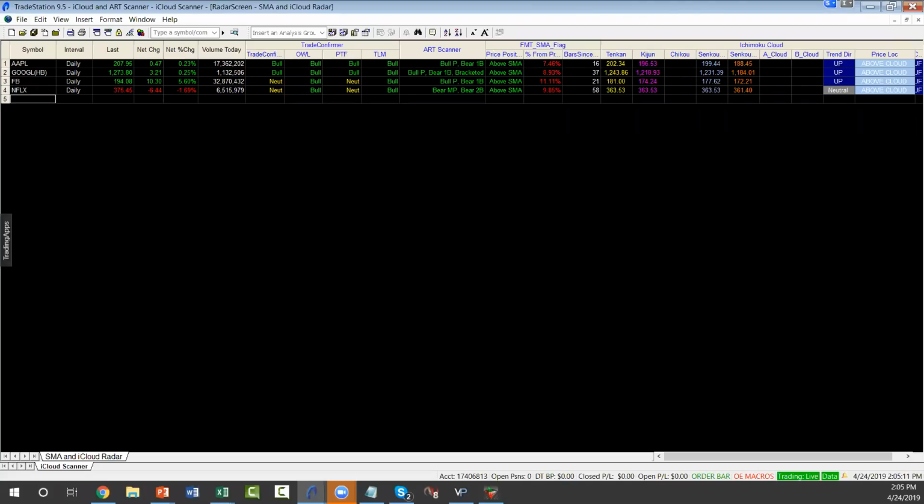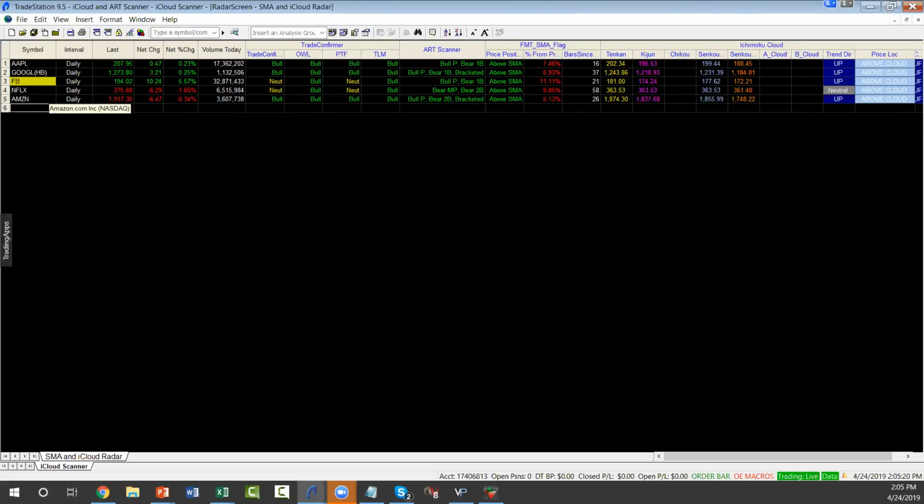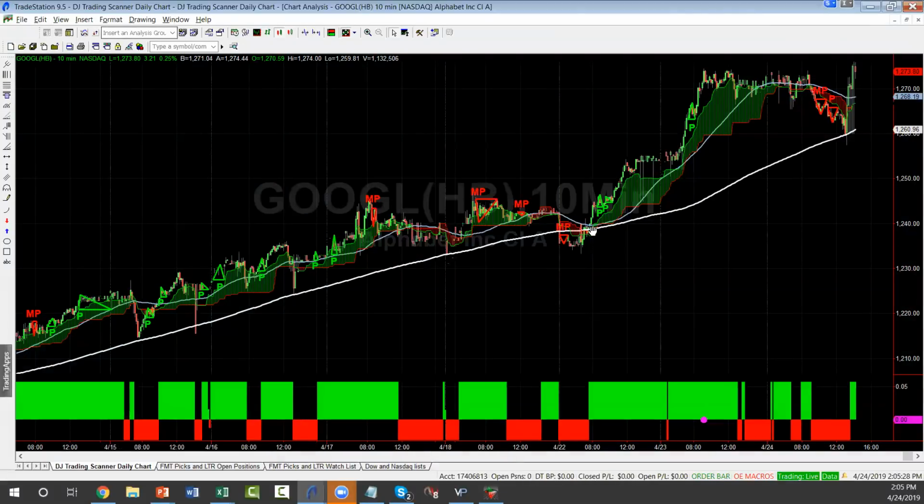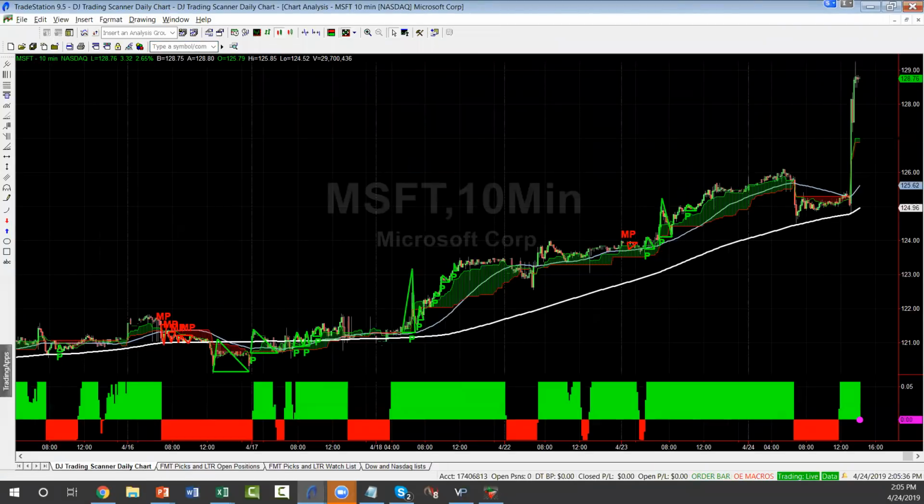Microsoft announced as well today. Sure, I'll put Amazon in there. Bullish. And then again, you would go look at the chart. So Microsoft announced earnings, and I saw that it was good, and it looks like they popped after hours. Yeah, 2.65.